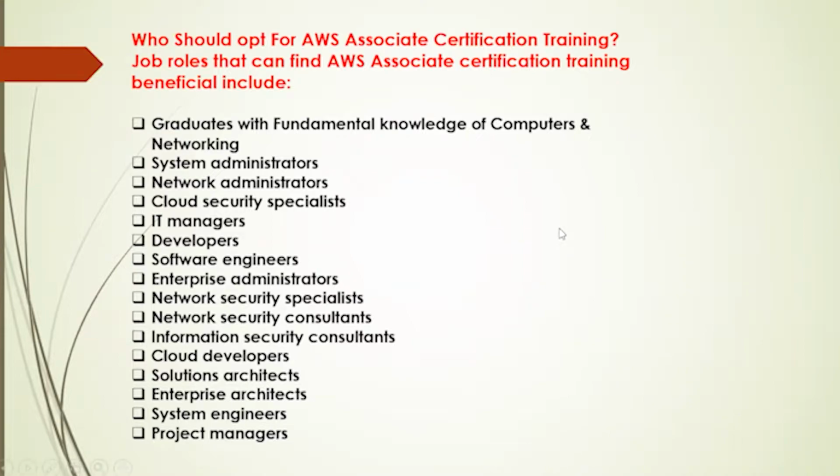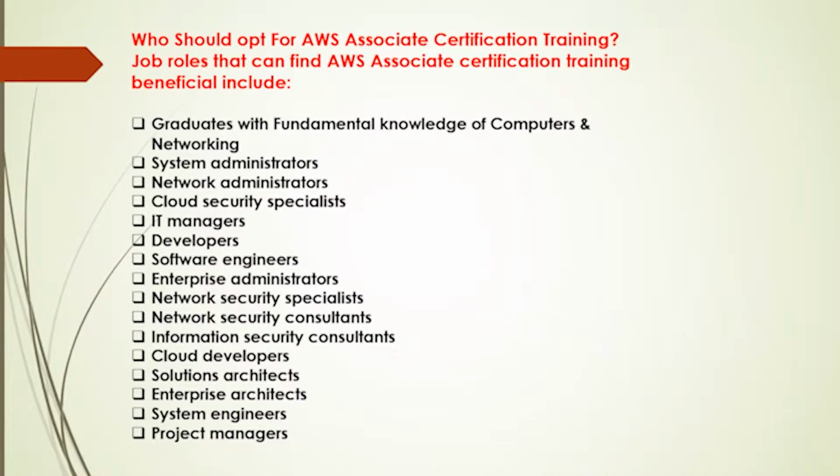Who should opt for AWS Associate certification training? Job roles that can find AWS Associate certification training beneficial include graduates with fundamental knowledge of computers and networking, right? Those people who are fresh graduates, but have basic knowledge of computer fundamentals and networking skills, can do this course.